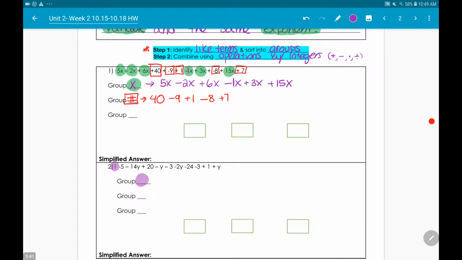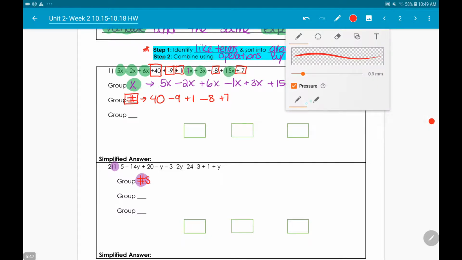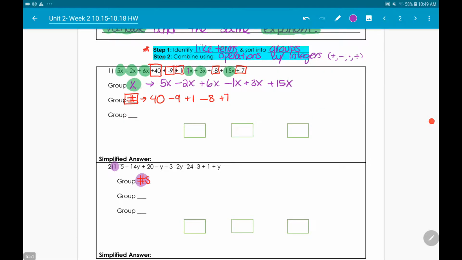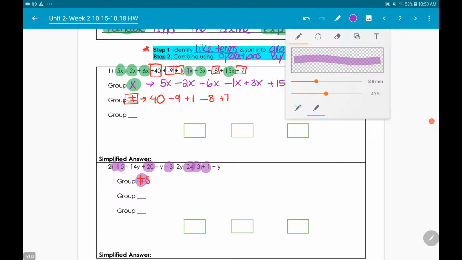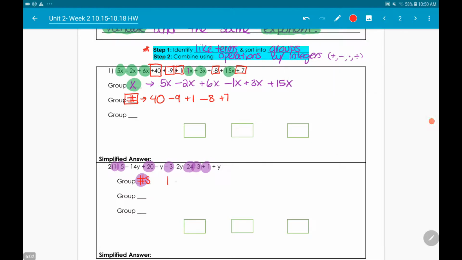So my first group is going to be my numbers. So let me identify all of those. So I have 1 minus 5 plus 20 minus 3 minus 24 minus 3 plus 1.